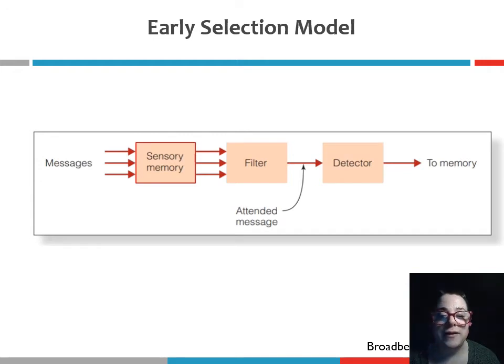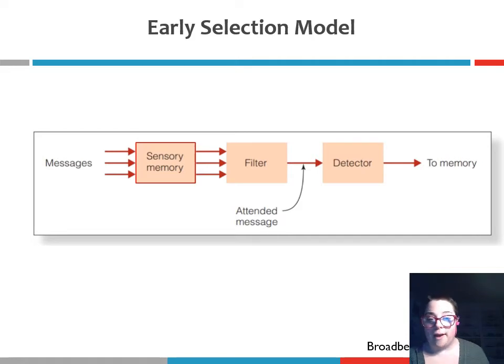So we have sensory memory, for example, represented here. And we also have short-term memory. It just says memory there, but it's meant to be short-term memory. Okay, so again, very similar with the same structural features that Atkinson and Shiffrin had in their modal model.